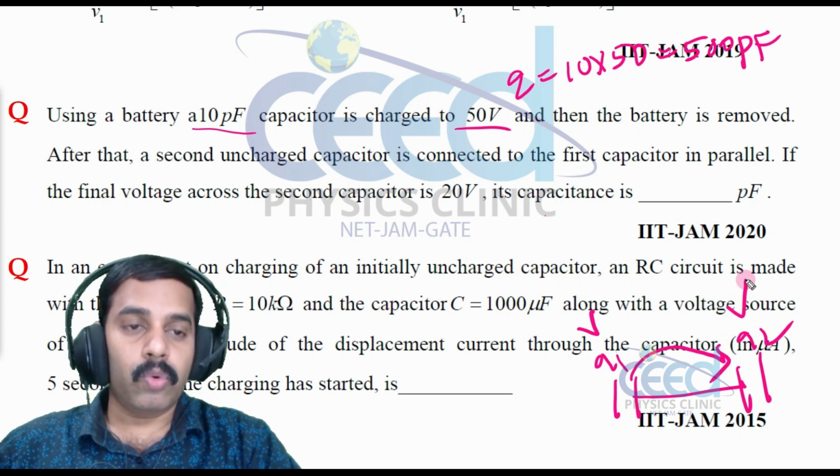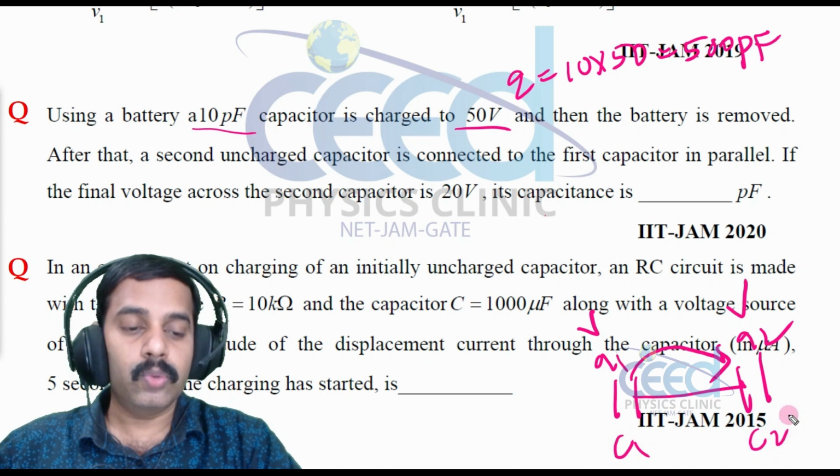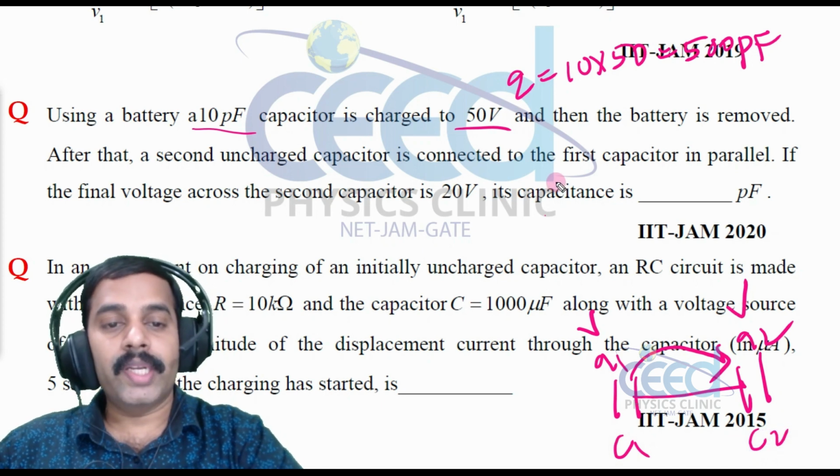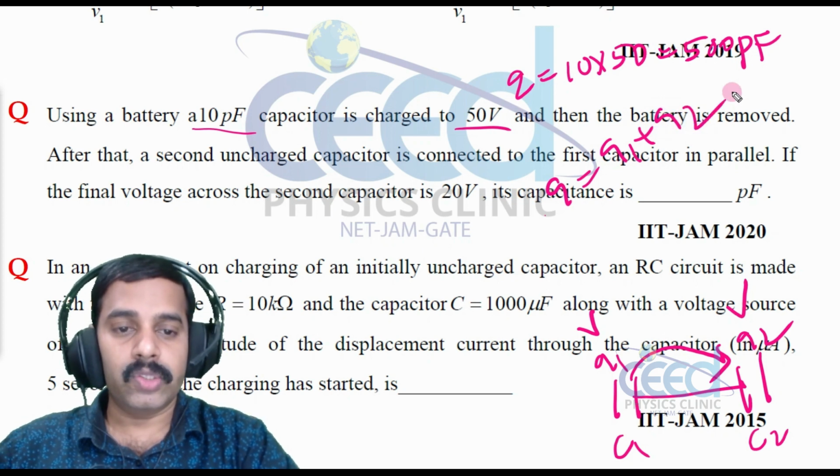So the potential becomes constant. The capacitance is C1 and C2. So we can write Q is equal to Q1 plus Q2. That is the equation we have, right? Charge remains constant.